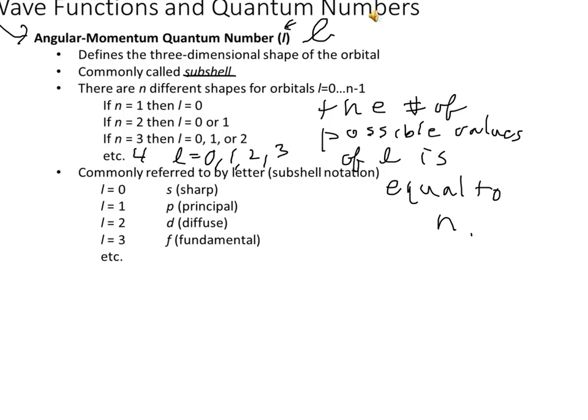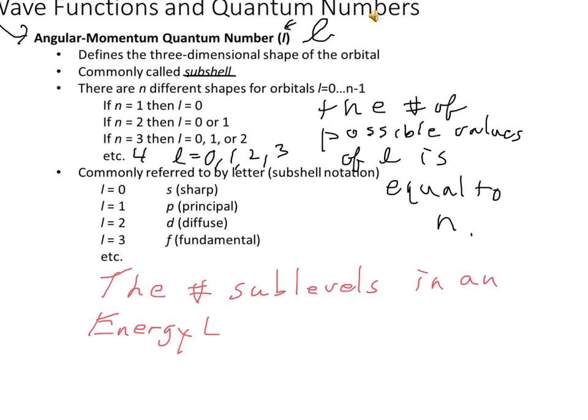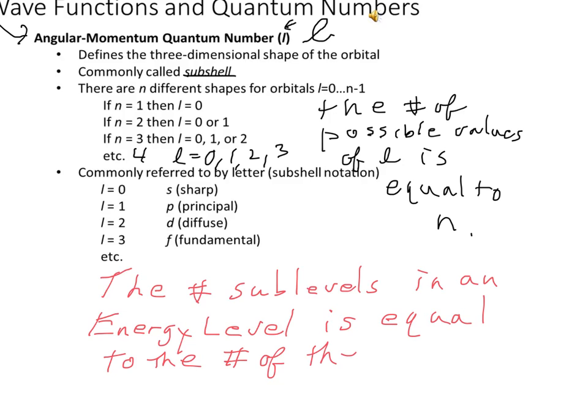In our concrete way of thinking about it, in our Bohr model way of thinking about it, we could say the number of sublevels or subshells in an energy level is equal to the number of the energy level.